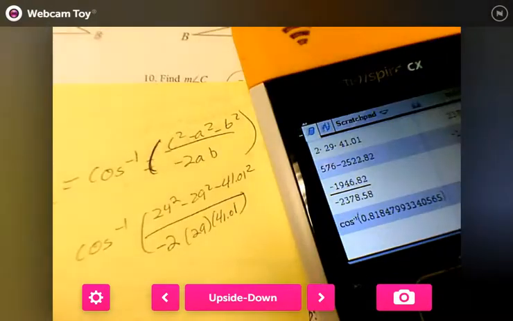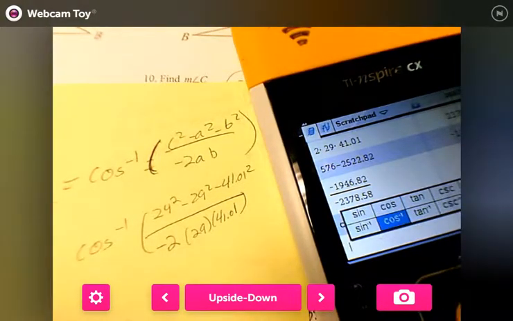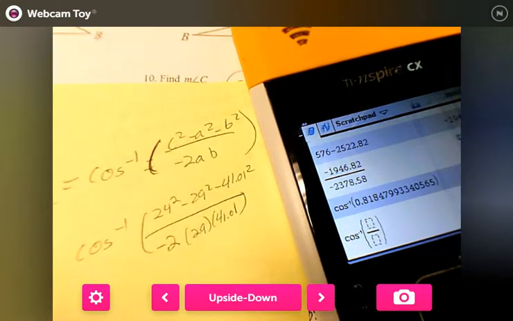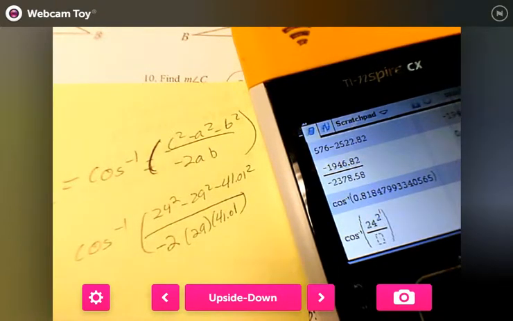And we can put this all on our calculator at once. So we hit trig button, cosine negative 1. We hit control divide, and we put these in here. 24 squared minus 29 squared, minus 41.01 squared, all over negative 2 times 29 times 41.01.